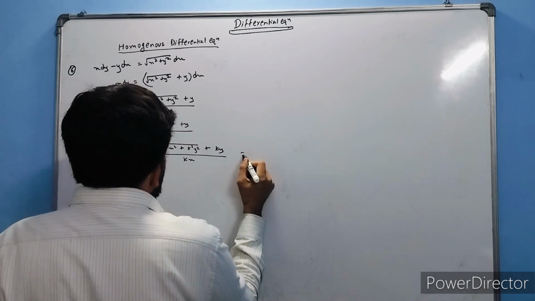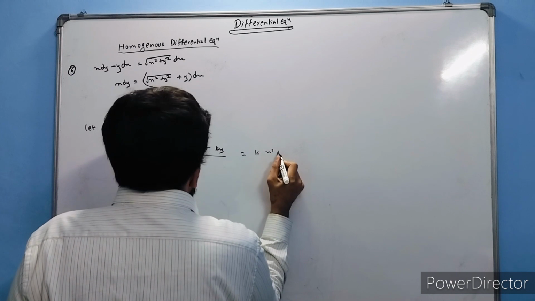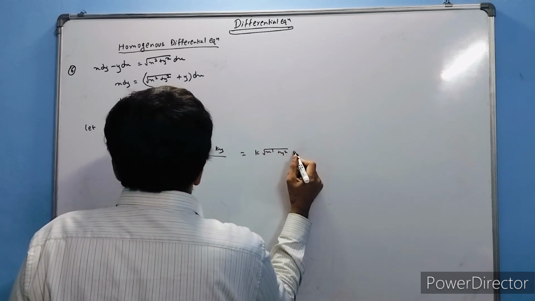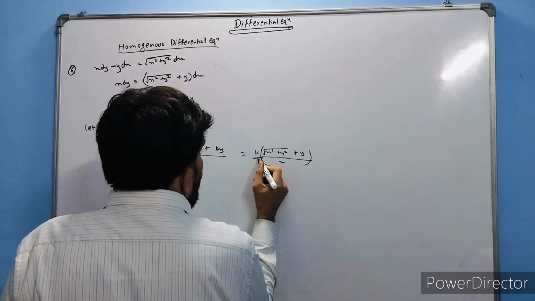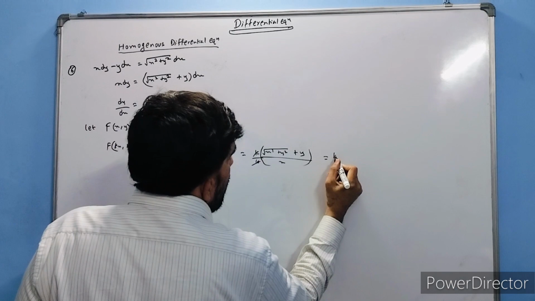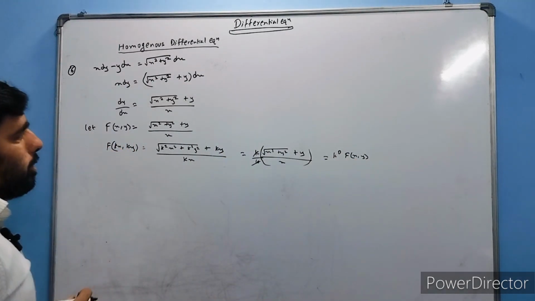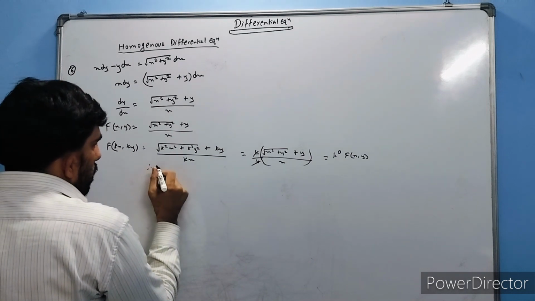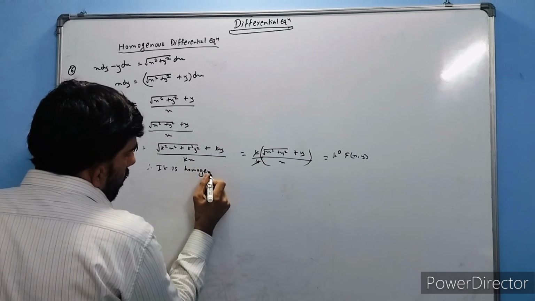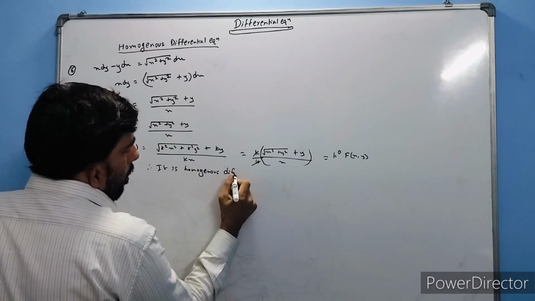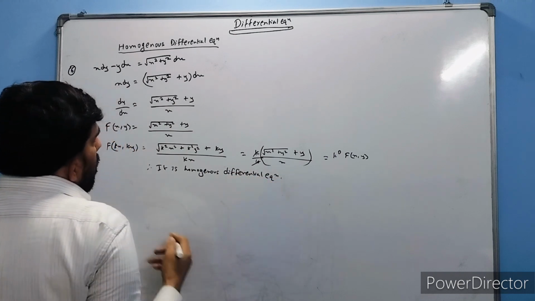So now I can take k square common, so it will be k times square root of x square plus y square plus y, upon x, upon k. So you can write here k to the power 0 f(x, y). Okay, so finally I can say this is homogeneous. Therefore, it is a homogeneous differential equation.